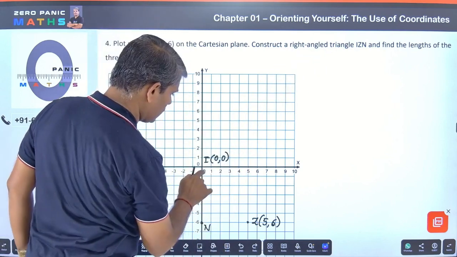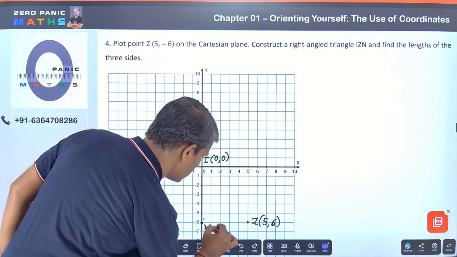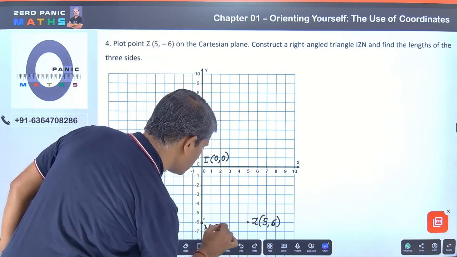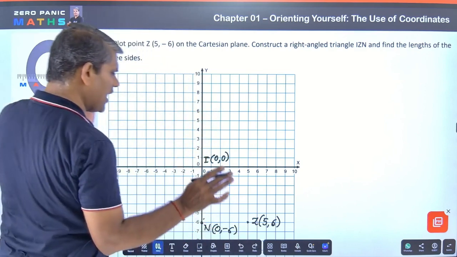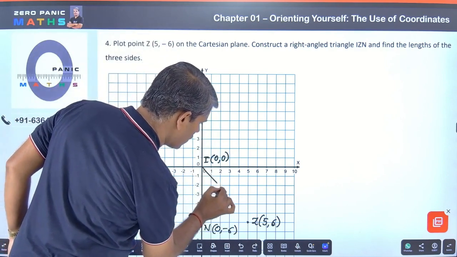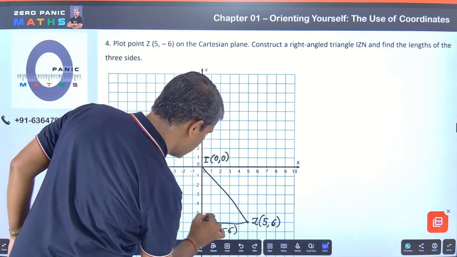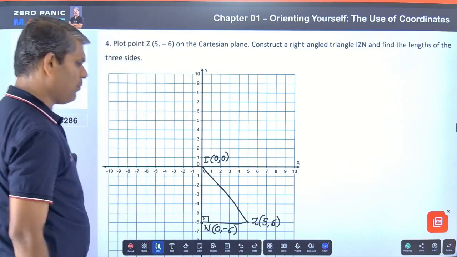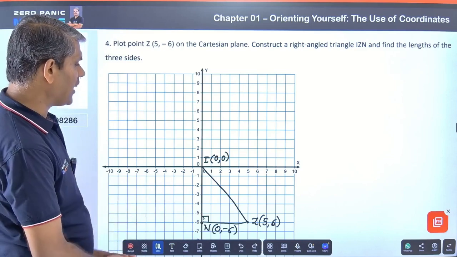They are asking us to plot a right angle triangle IZN. N has x coordinate 0 and y coordinate -6. Suppose the triangle is right angled at point N.